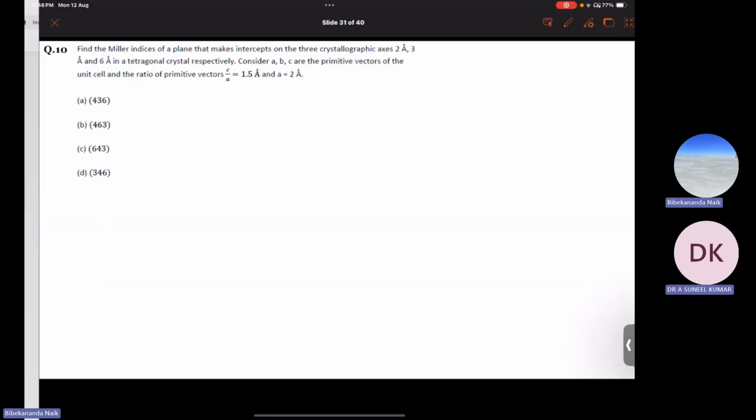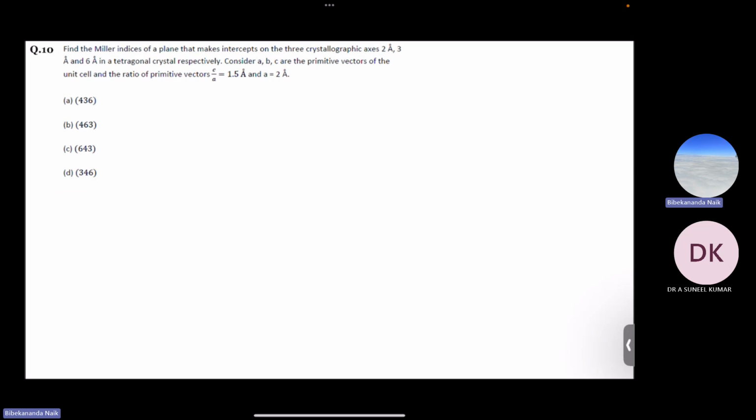There is a proper relation between A, B, and C. So C by A is 1.5 and A is 2 angstrom. So according to this, we will be calculating. You just write this question and then I will discuss how we will proceed.